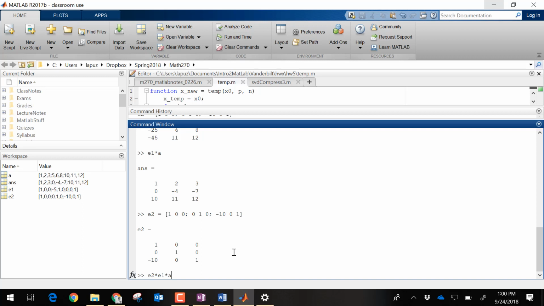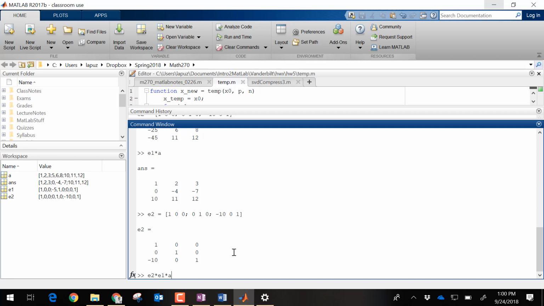Okay. Say it again. Always put it on the left. Always multiply on the left side. Yes. Well, it's associative, so technically I can multiply by E2 and E1 first and then A, and it should still work.